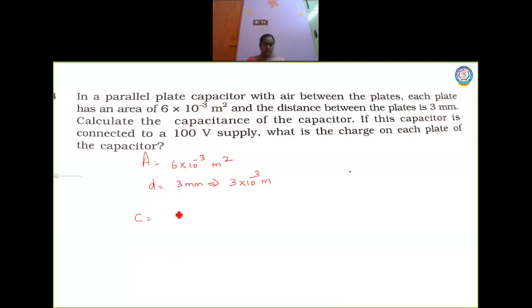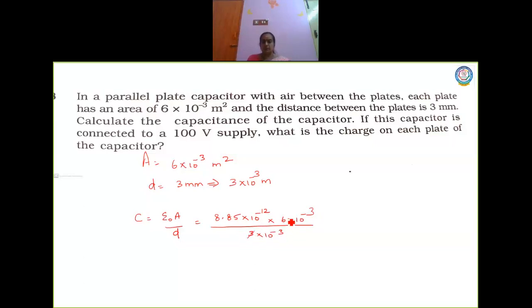What is the formula? C is equal to epsilon naught A by d. Let me write the formula. Okay, ma? So what is the epsilon naught value? Epsilon naught value is 8.85 into 10 power minus 12, into 6 into 10 power minus 3, divided by d, which is 3 into 10 power minus 3, right?